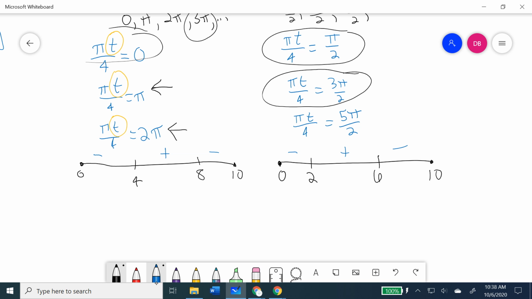If the problem is asking when the particle is moving in the positive direction, that's time 4 to 8. If it is asking when the speed is increasing, then I'm looking at when velocity and acceleration are the same sign.